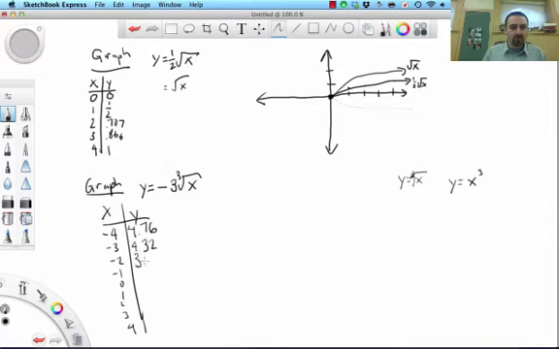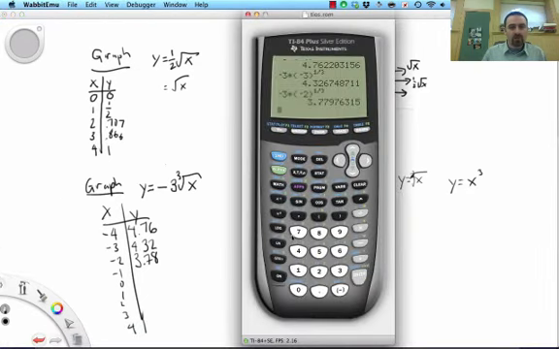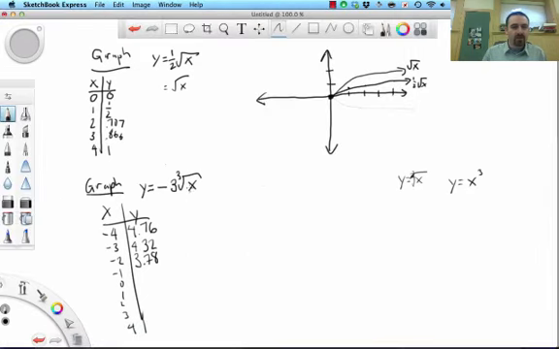For -1, we can actually do this one in our head, because the cube root of -1 is -1, so I'm going to get 3.